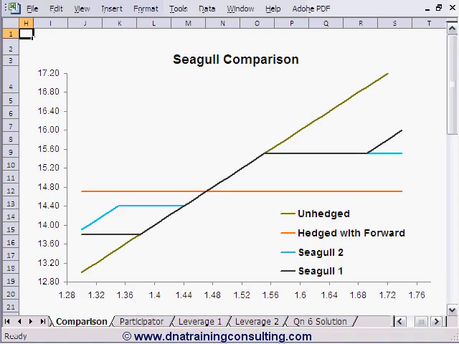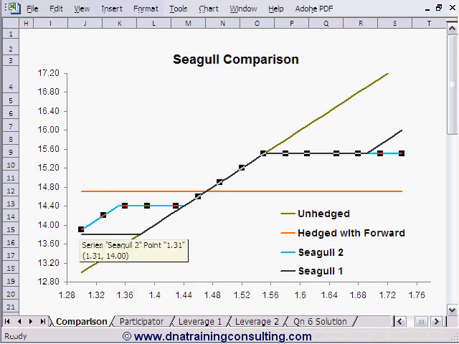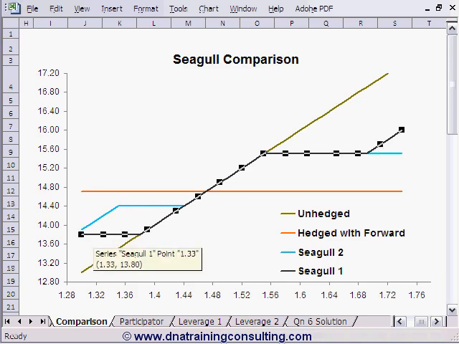This worksheet comparison shows the two seagull graphs directly on top of one another to enable a comparison of outcomes that may be easier for some listeners. Note in particular Seagull 2's outperformance over here on the left, in the light blue, of Seagull 1 in the black.